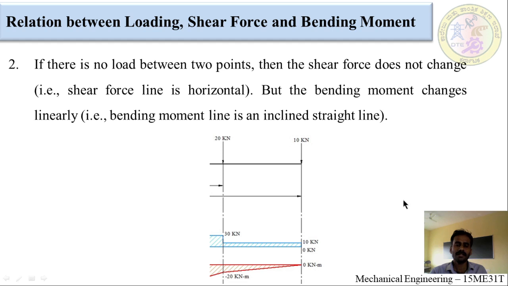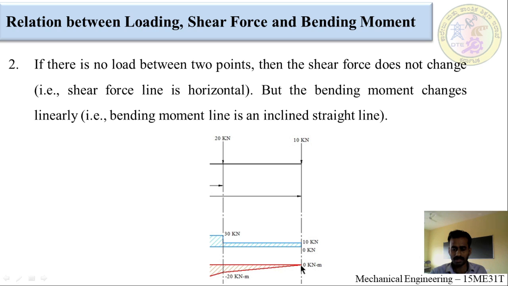The second case is if there is no load between 2 points. We can see from the diagram there is no load between this point and this point. Then the shear force does not change. The shear force line is horizontal. We can see it is constant from this point to this point. So the shear force does not change, but the bending moment changes linearly. The bending moment line is an inclined straight line.